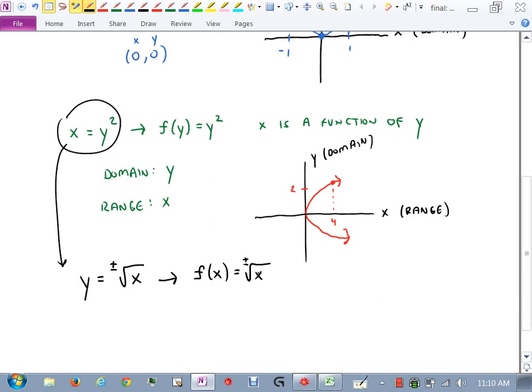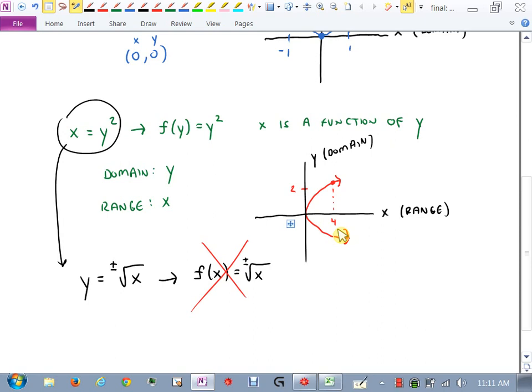Can I write f, a function of x, to be this? I'm going to have 2 outputs, right? If you give me a number like 4, it's going to spit out 2 different things, right? So this cannot be written as a function of x. It fails what's required to be a function: one input, one output. Yes? So that's why I could say x is a function of y, but I could not say y is a function of x in this problem.